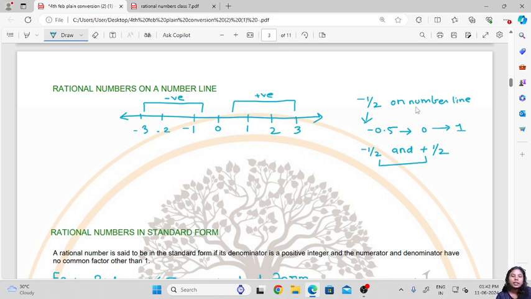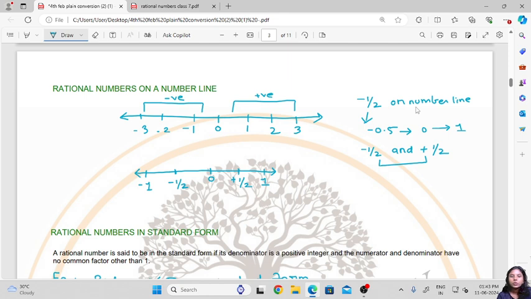So say this is my number line, and I'm going from 0 to, say this is my 1 and this is my -1. In this case my +half will be somewhere here, and -half will be somewhere here in between 0 and -1.